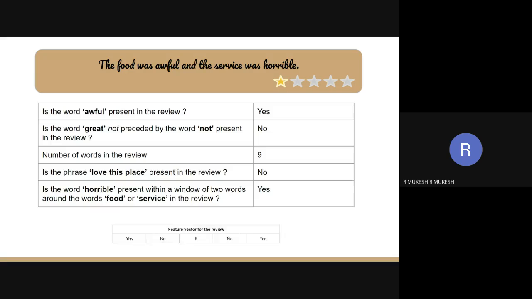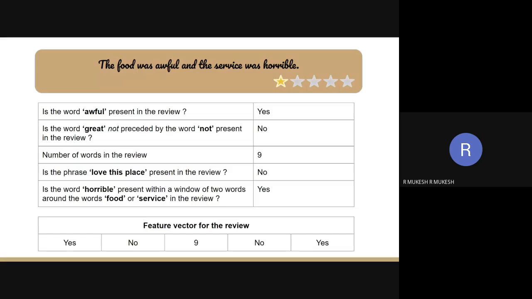So we have used this technique to convert the text, which a computer cannot understand, to a set of features for the review. We have been able to describe our text to the algorithm using a set of features, and this becomes the representation of the text for the learning algorithm.